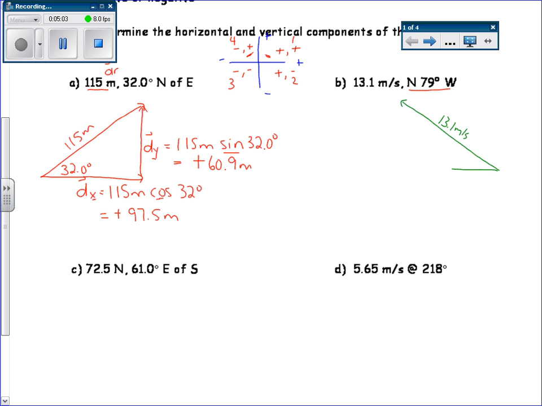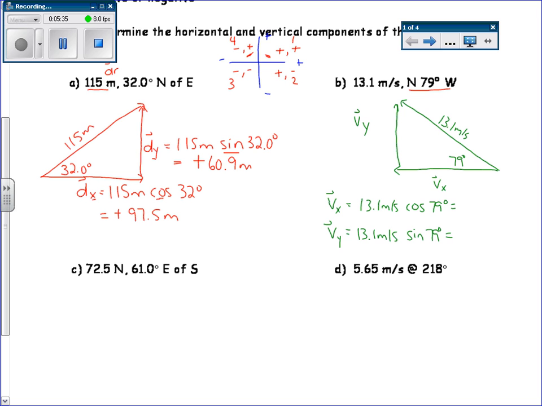And then this is the x component of the velocity, and this is the y component of the velocity. And this angle in here is 79 degrees. So Vx is going to equal 13.1 meters per second times cos of 79 degrees. And Vy will equal 13.1 meters per second times sine of 79 degrees.